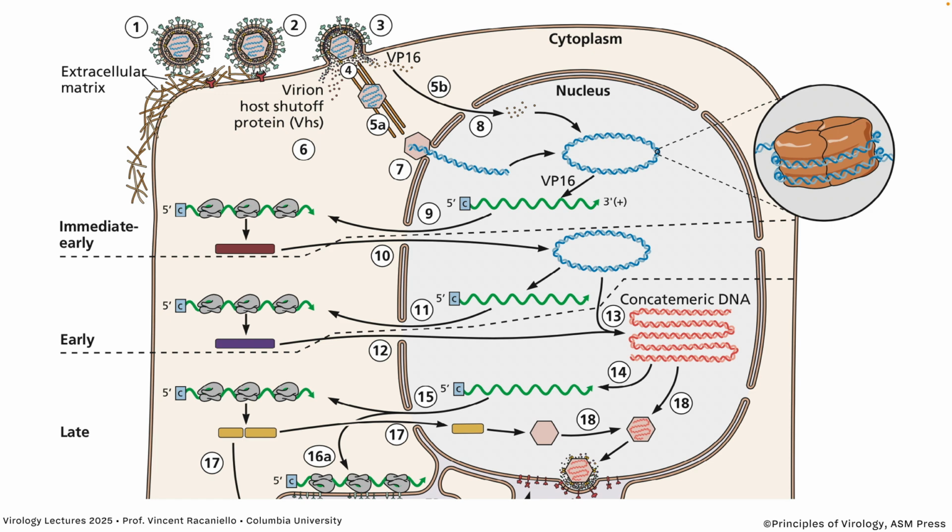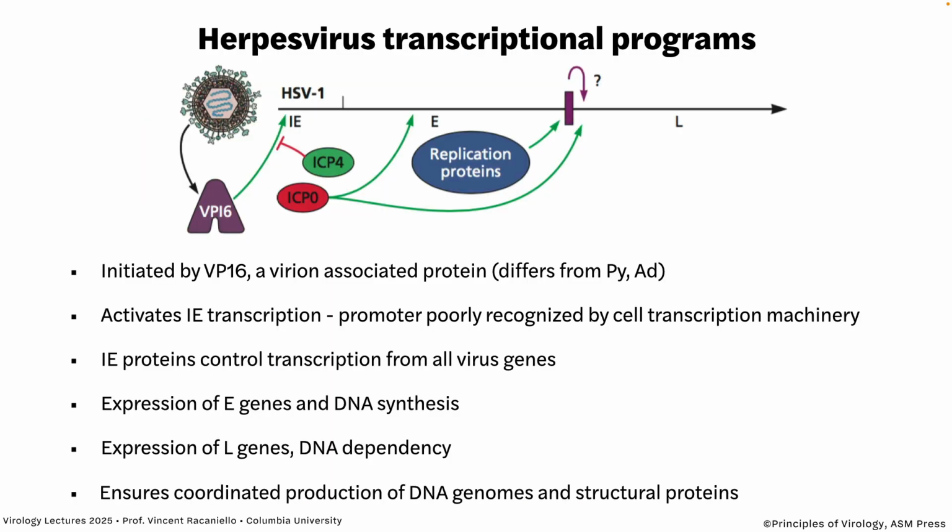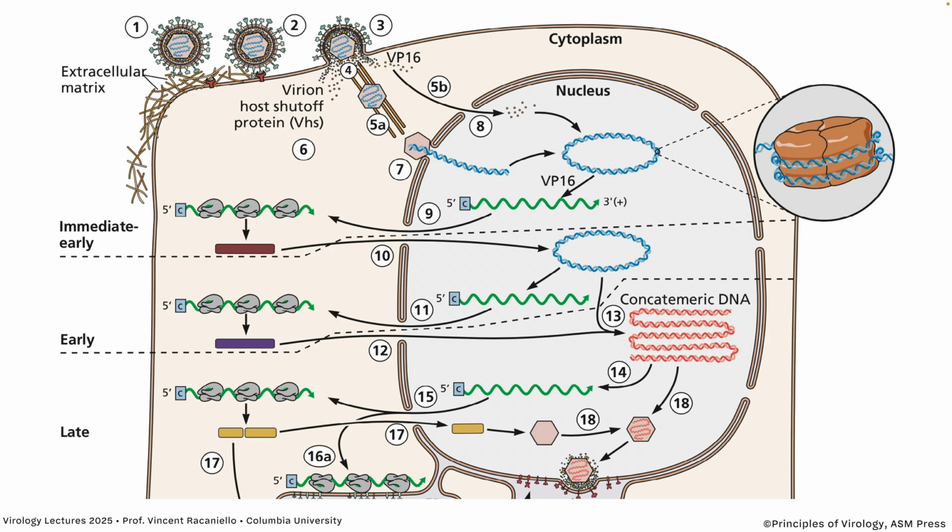You see these little dots here. That's VP16, which is present in the area around the nucleocapsid. It comes in and diffuses into the nucleus, and it's available to activate the immediate early transcription unit. That immediate early unit encodes a protein that activates the early genes. It's ICP0. The early genes are transcribed.